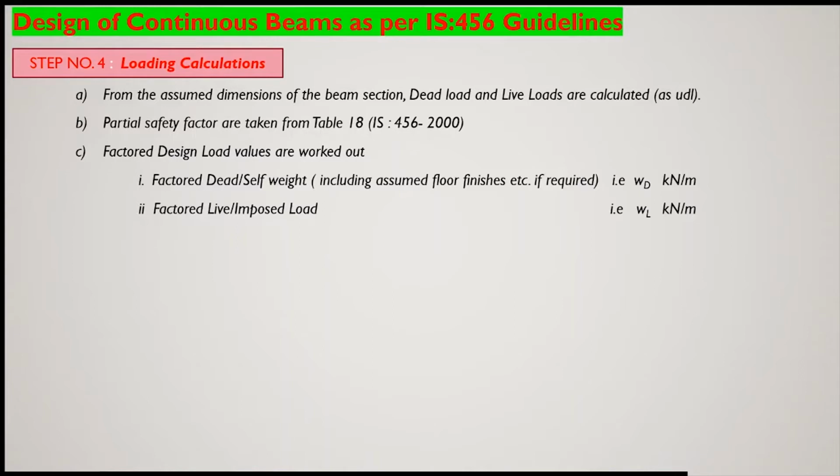Be aware that in this factored dead load, first you calculate the dead load of the beam member, then multiply it with a partial safety factor. Generally we take 1.5. For detail you have to refer to Table 18 of IS 456.